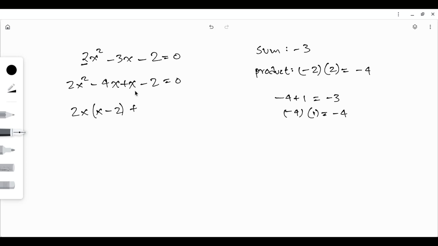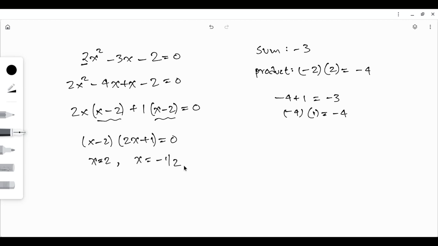Now they have nothing in common, which means the GCF is 1. Once again, I have this common term. So if you do this factoring correctly, you're always going to end up having these two terms being the same. So you get x minus 2, 2x plus 1 equals 0. This gives you x equals 2, and this gives you x equals negative 1/2.